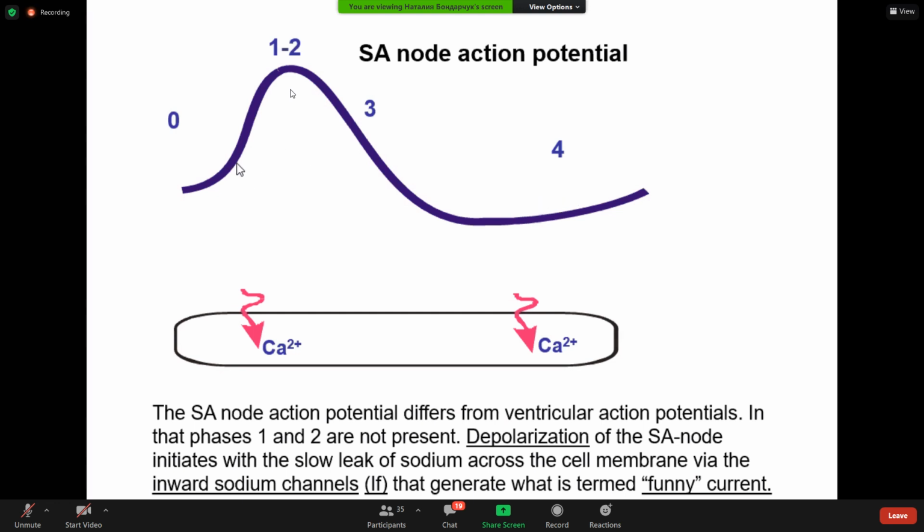But in general, during phase 0 of the sinoatrial node action potential there is the opening of calcium channels, inward flow of calcium, and also during the fourth phase of the sinoatrial node action potential, there is the opening of calcium channels and inward flow of calcium ions into the cells.